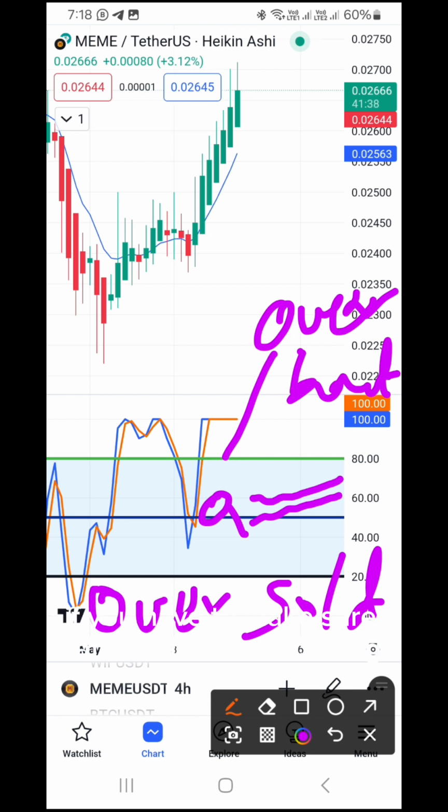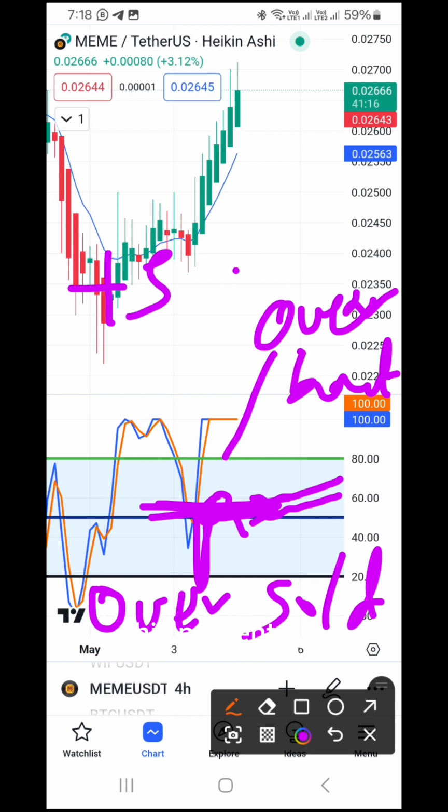Make sure that the stochastic RSI is at least in oversold or in the middle, on average sold, for you to enter that coin. When it is here, it is in overbought. But sometimes, that's why I told you to use this percentage.